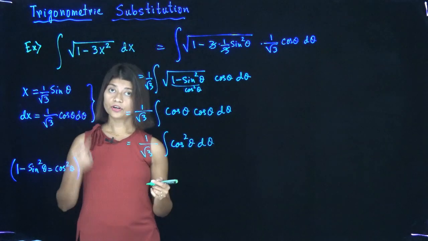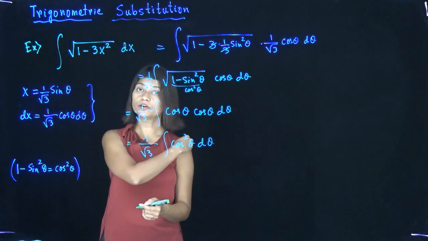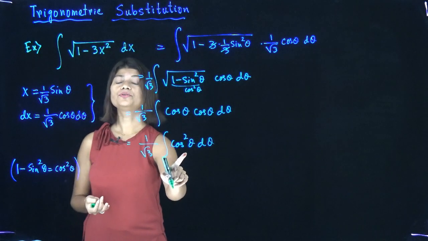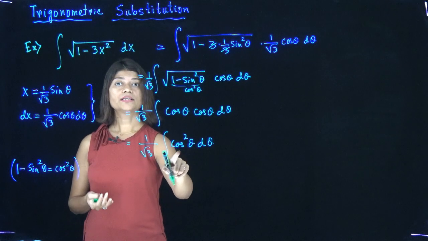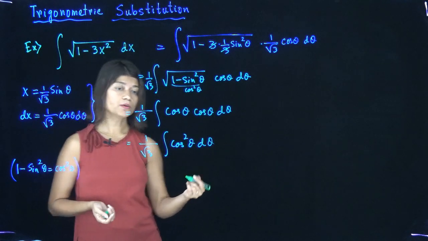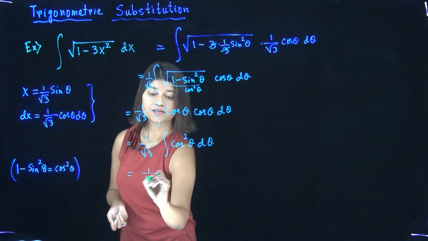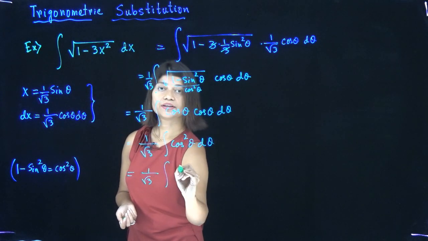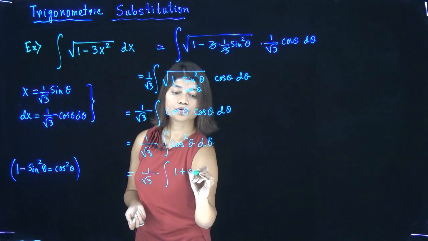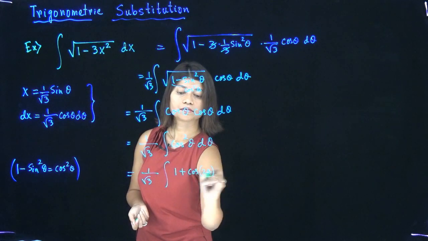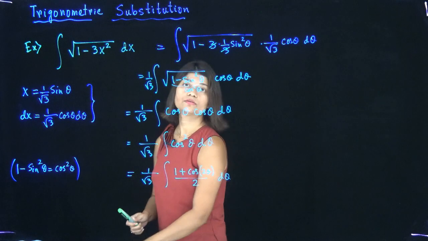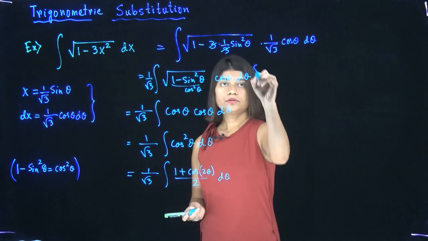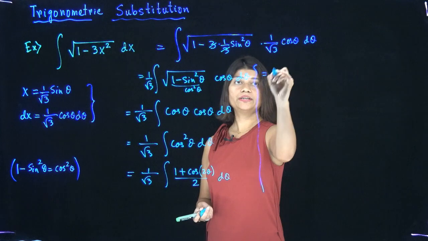Now you have to recall the previous section where we did all the trig integrations, how to integrate cosine squared. This is an even power only, which means we have to use the half angle formula: cosine squared is 1 plus cosine of 2 theta over 2. Let's see what we get.